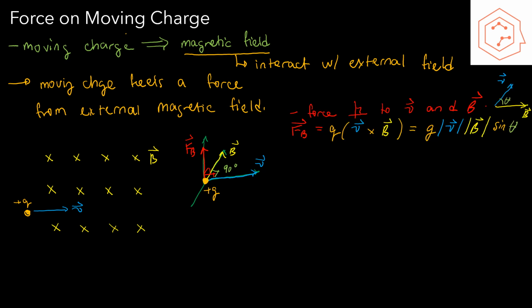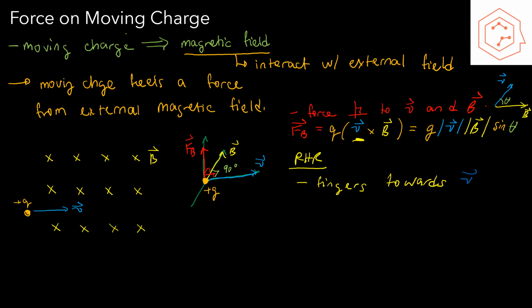So both right-hand rules work. They're both general to all cross products, but this is the more general one. We point our fingers towards the first vector being crossed. So in this case, that's going to be the velocity vector.